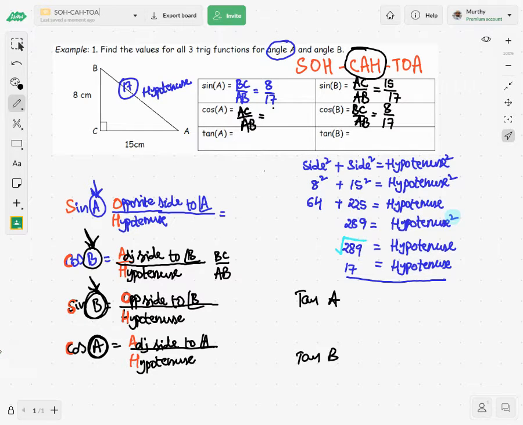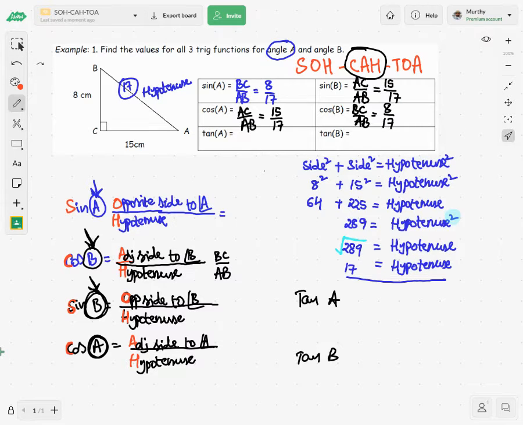AC is 15 units and hypotenuse is 17. Have you noticed that cos A equals sine B or not? Please see that it is 15 over 17 and that is also 15 over 17. They are the same.